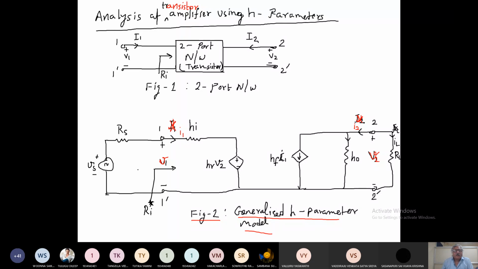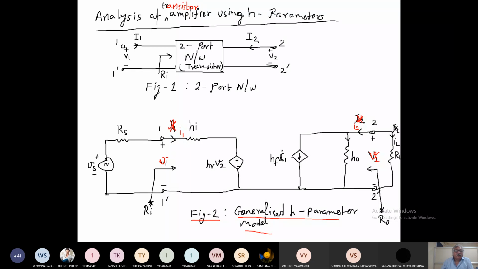But if you calculate the output resistance, from where will you calculate it? At this point you will stand, and from here you will calculate the output resistance. If you look inside, you will find the independent voltage source is there.